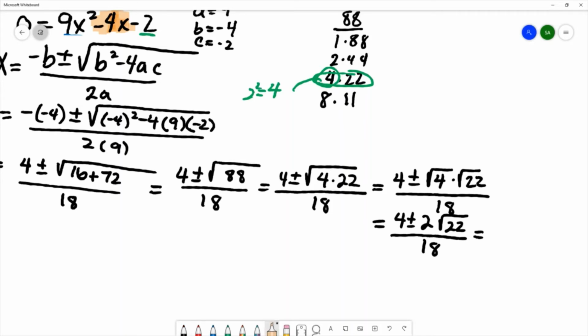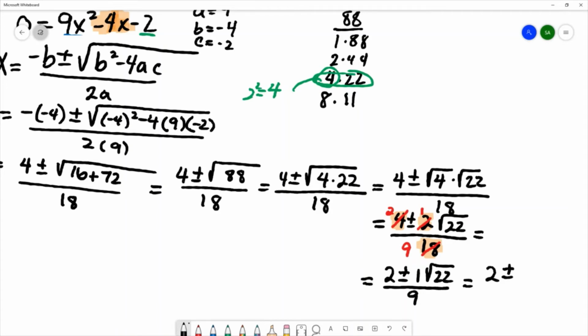And as I look at this numerator, I can see that these two terms are even and this term is even, so that means that they'll have a common factor of 2. I'll cancel out that factor of 2 from 4 and from 2 and from 18, and that's going to leave me with 2 plus or minus 1 square root of 22 over 9, and 1 square root of 22, that's 1 times square root of 22.